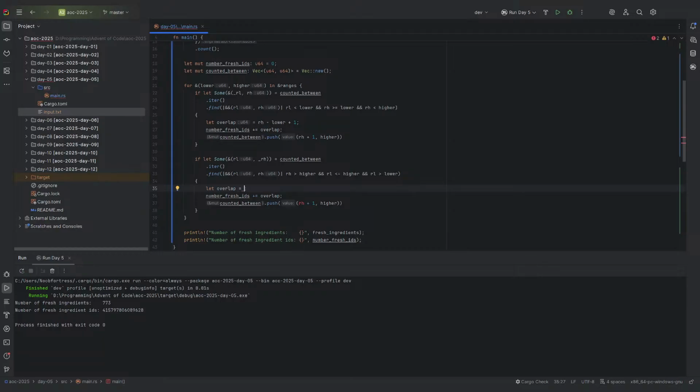So that means it's going to be H is bigger, so almost lower bound here. Its lower bound is below higher, so if I do that, I get the difference between those two. That's part of the overlap.